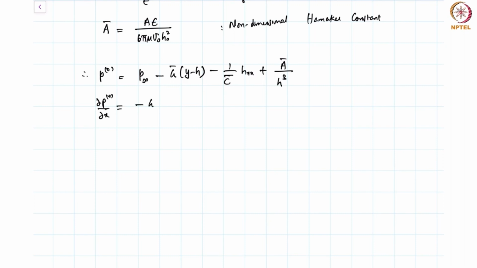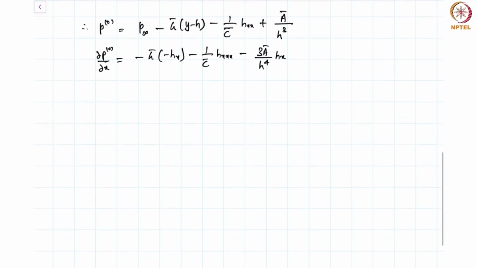This will simply be G bar of minus hx, then we have the derivative of the curvature, and finally we have the last term hx.